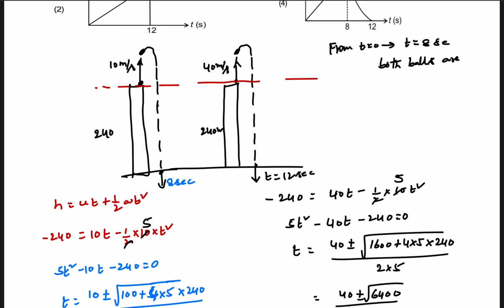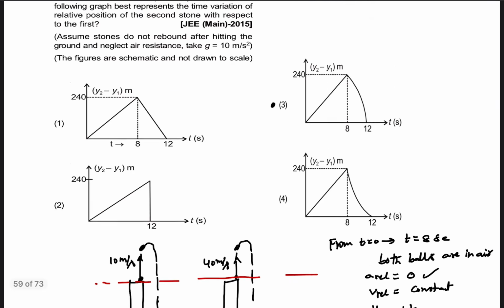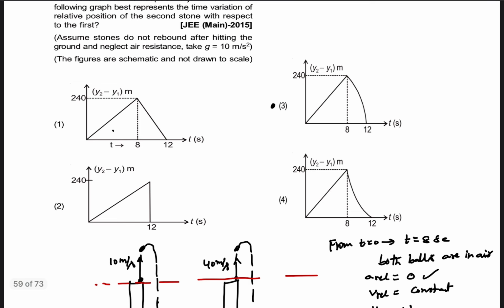Both balls are in air. If both balls are in air, we can say A relative is 0, as both are having g in the downward direction only. A relative is 0, so V relative is constant. If V relative is constant, Y relative is proportional to t.